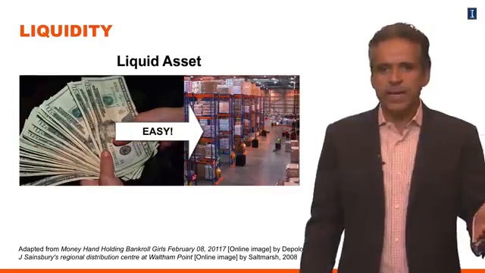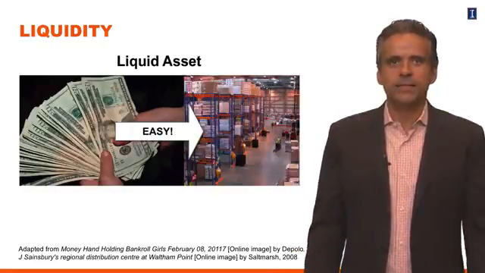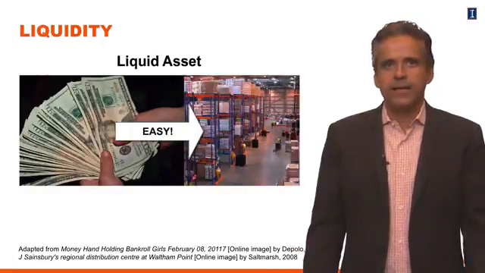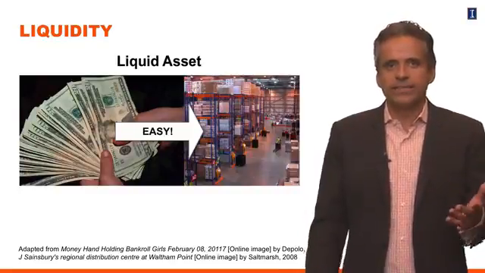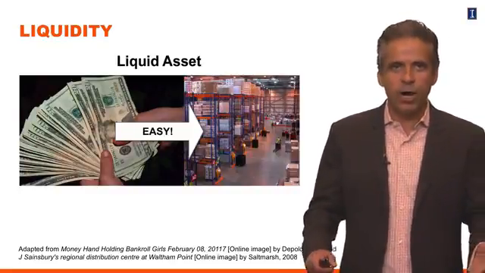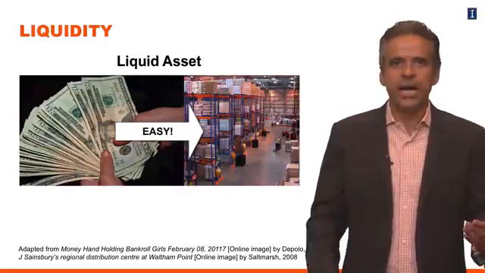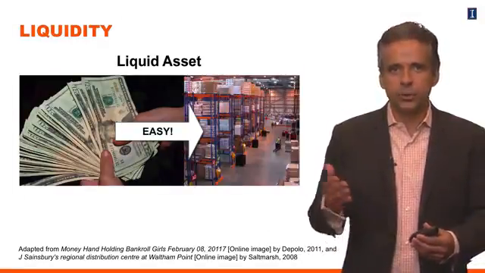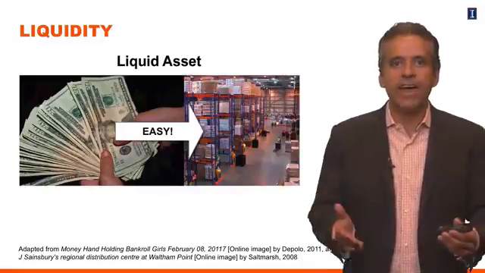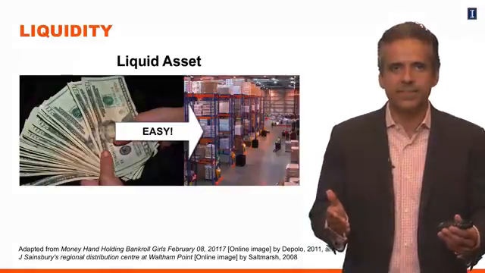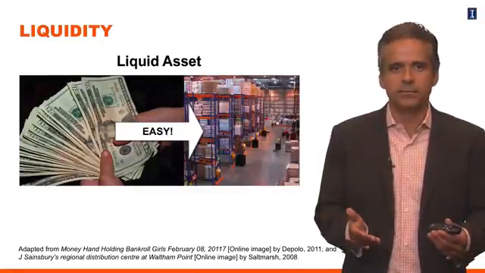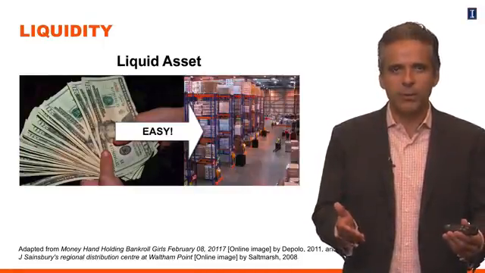So what we need to think about is what is liquidity. What are we trying to measure? The notion of liquidity is something very important in finance. Liquidity measures how easy it is to transform an asset into cash. How fast can we generate cash from an asset? How easy is it? How much cash are we going to get for an asset? That's the notion of liquidity.